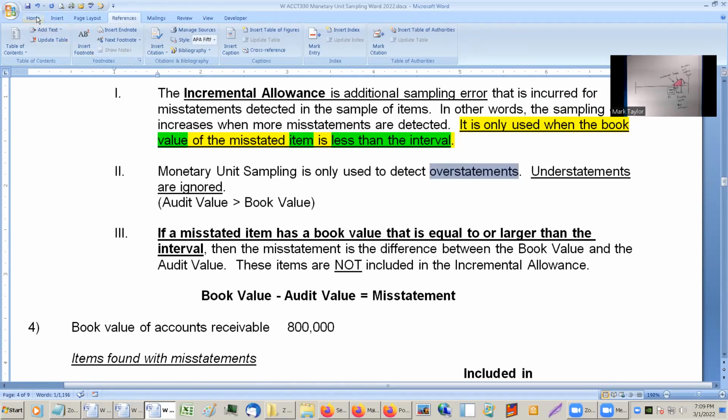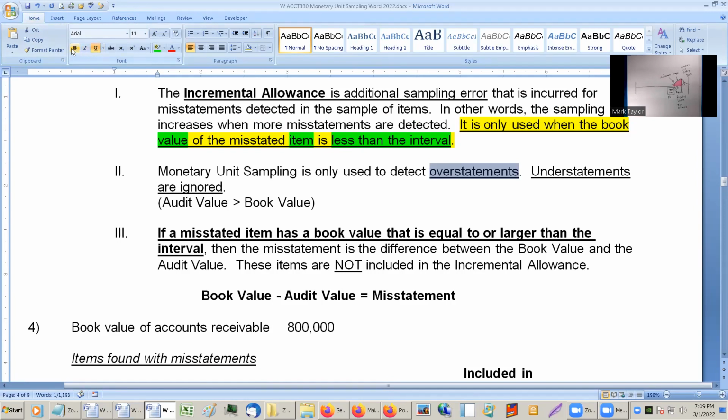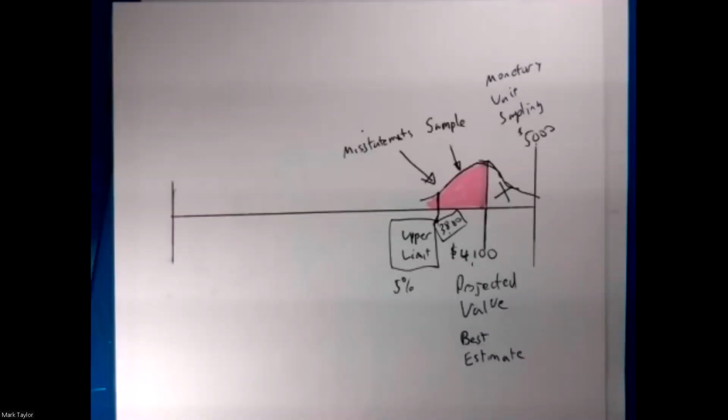Overstatements are the only thing we're looking for. Understatements are ignored. So it's kind of like fishing.